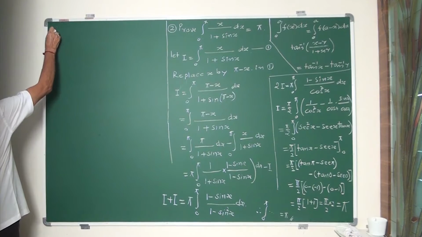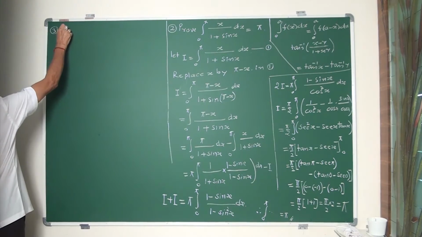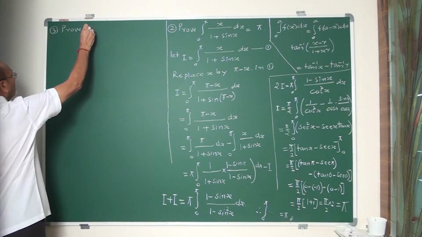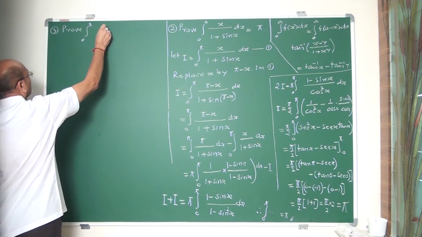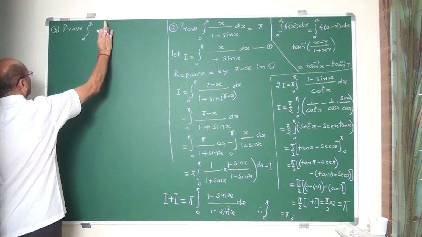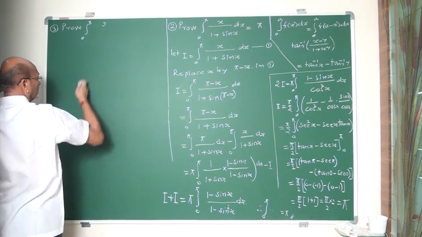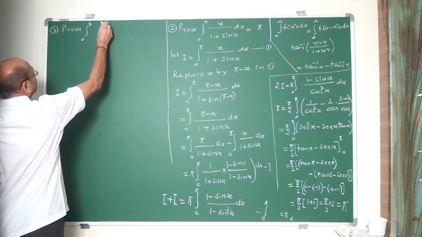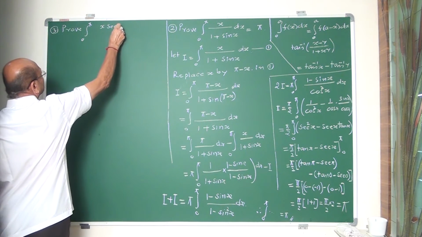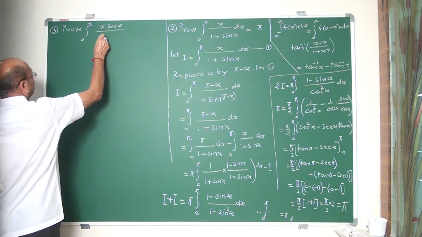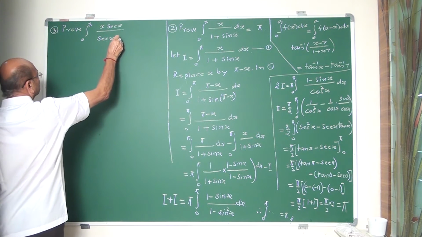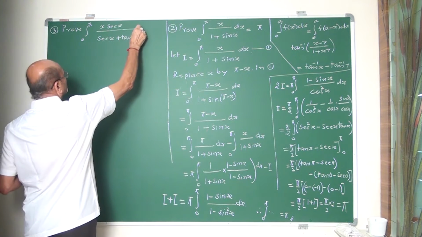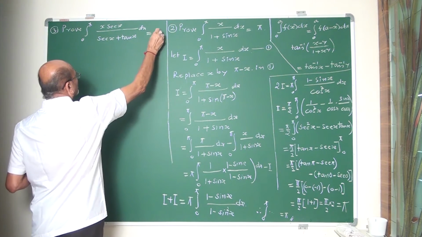Next is the third example. Third example: 2 integral 0 to pi x sec x upon sec x plus tan x dx equal to pi.